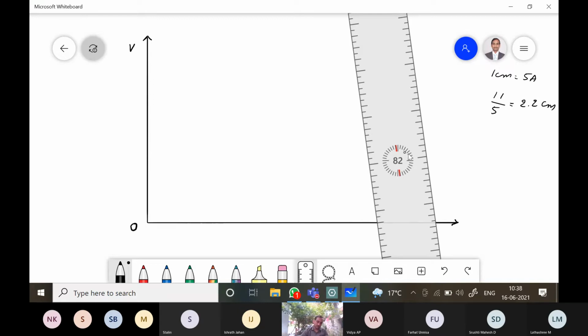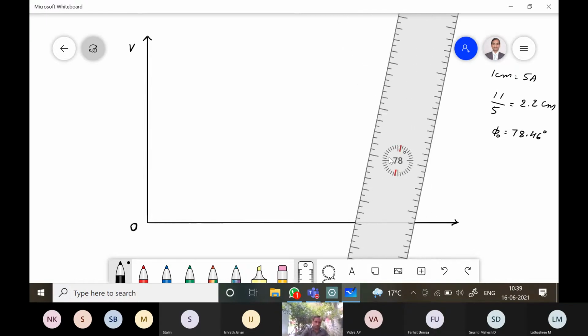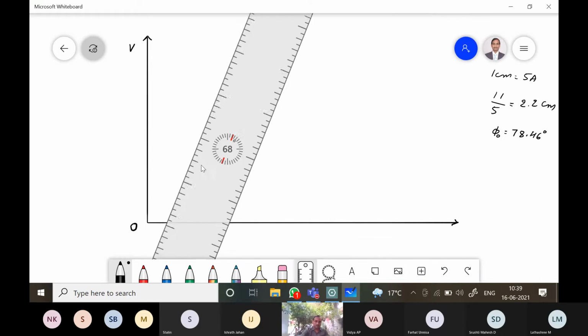At the angle phi naught, 78.46 degree from the vertical axis.